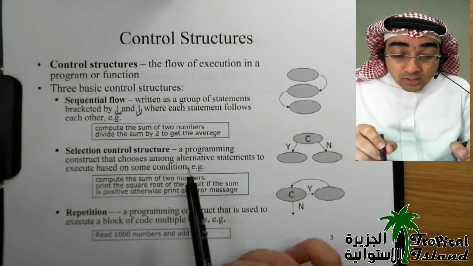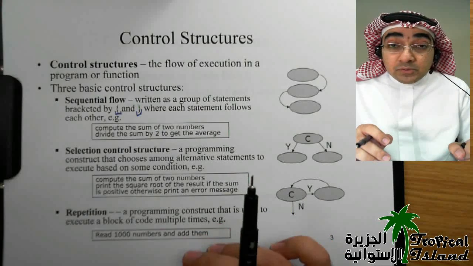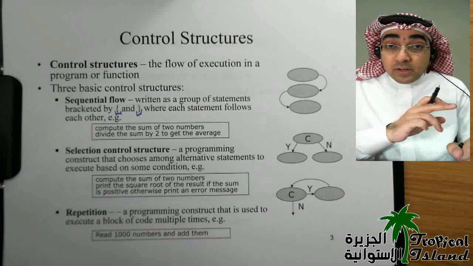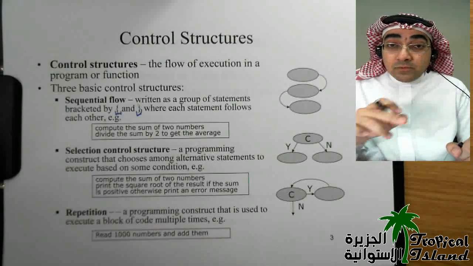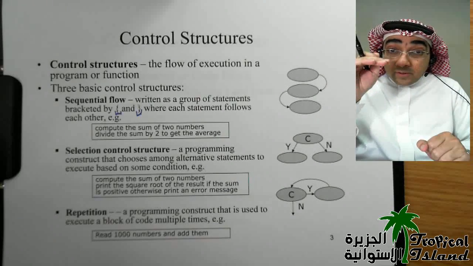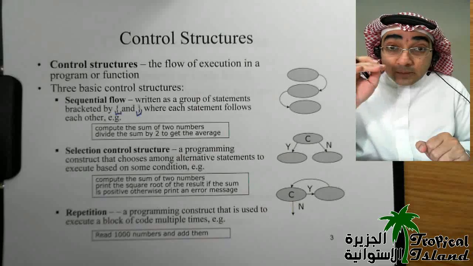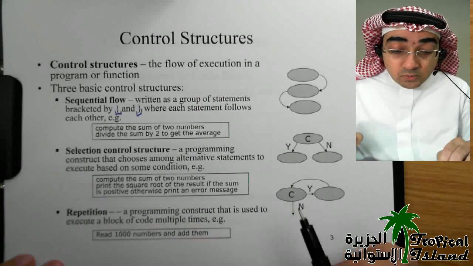This is similar to what you have been doing in the main function when you write int main void, and then you put two curly brackets. The program execution goes in sequence line by line in that. Okay, so that's a sequential flow.